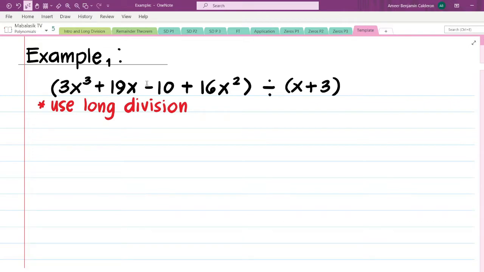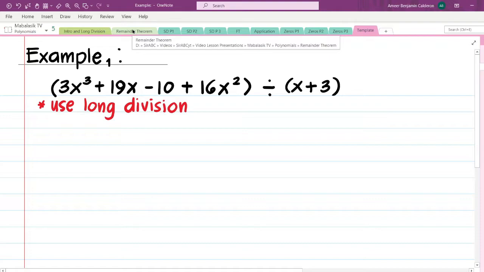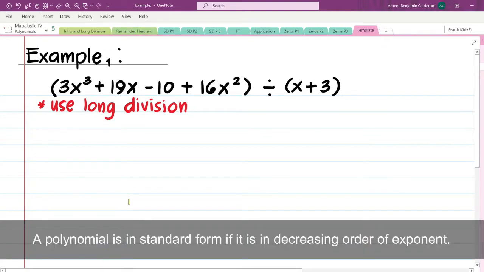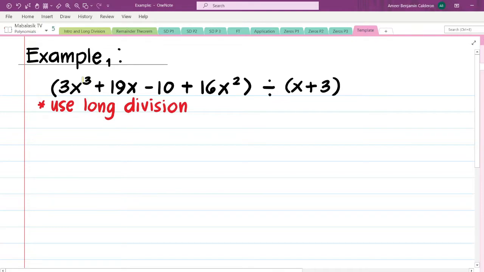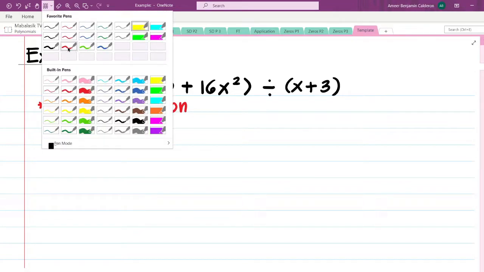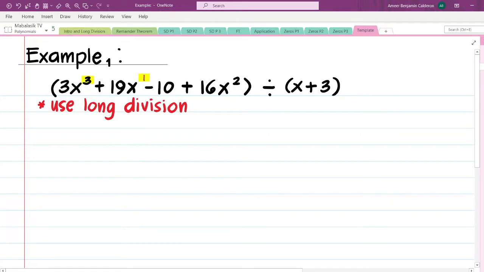Let us check first if our given dividend is in standard form. When do we say that a polynomial is in standard form? If it is in decreasing order of exponent. We have here exponent 3, and the second term is exponent 1. So needless to say, it is not in decreasing order of exponent.